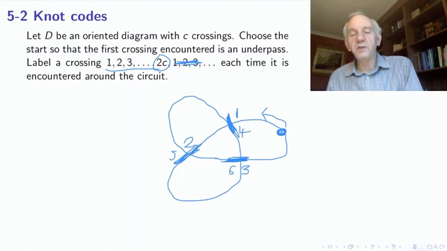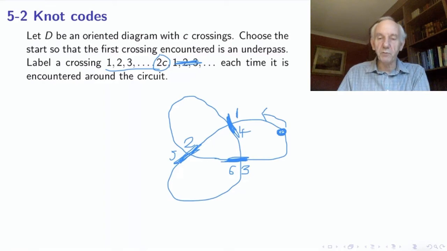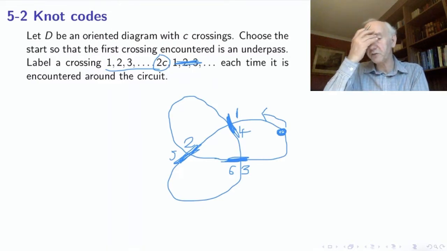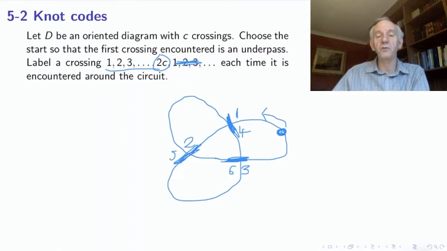So what you do with these integers, you see what's happened here is that each crossing has been labelled with an odd integer. All the underpasses are odd because this is an alternating diagram and we started with an underpass. It follows that all the underpasses will correspond to an odd integer, and the overpasses will correspond to an even integer.